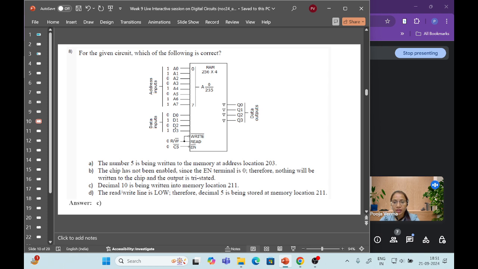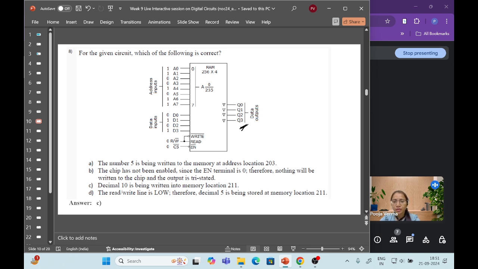These are the data inputs, whatever data we give will be input from here. And here is whether it is enabled or not, and the read write operation, whether it is reading or writing. And here are the corresponding data outputs. Options are given. The number 5 is being written to the memory at address location 203.